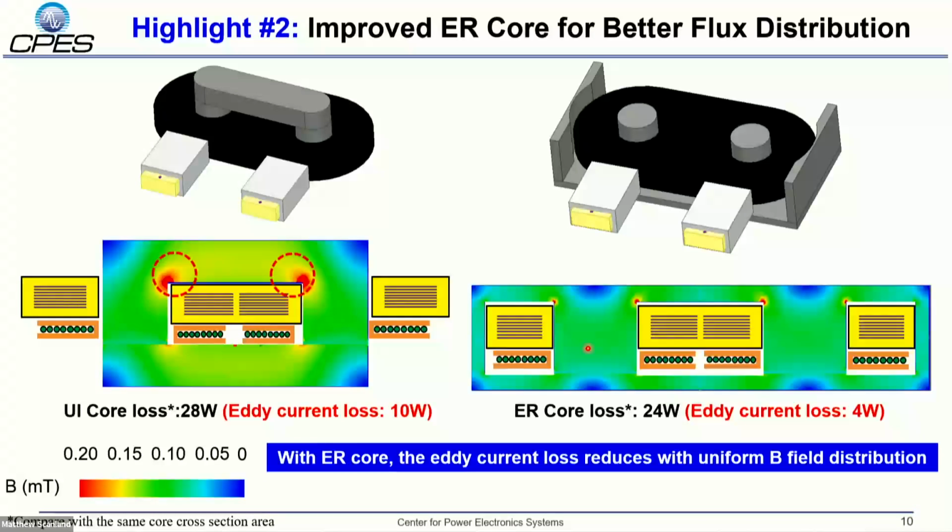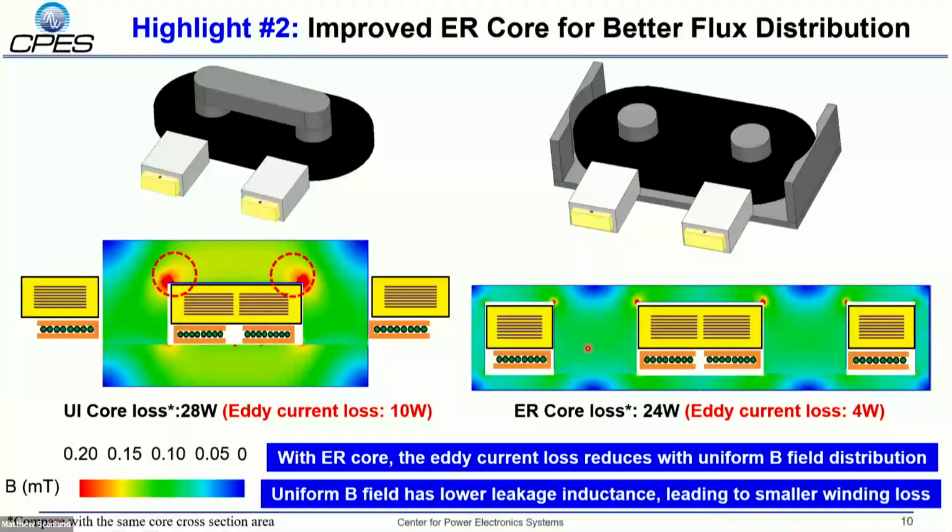With this kind of ER core and the uniform B field distribution, the eddy current loss can be reduced. The benefit for the winding loss is that the uniform B field will lead to a lower leakage inductance, and that will also lead to a smaller winding loss.